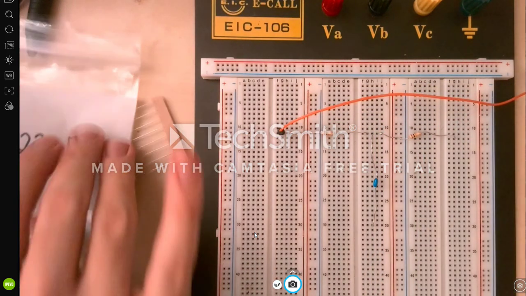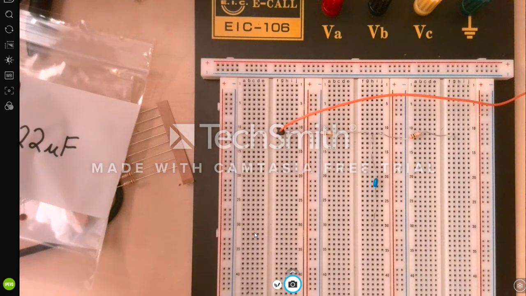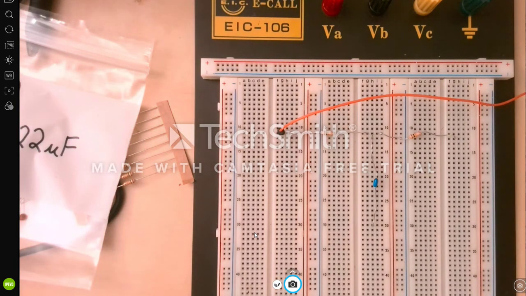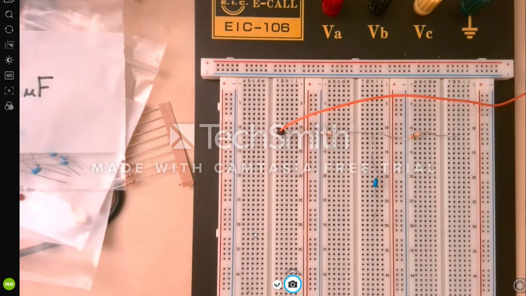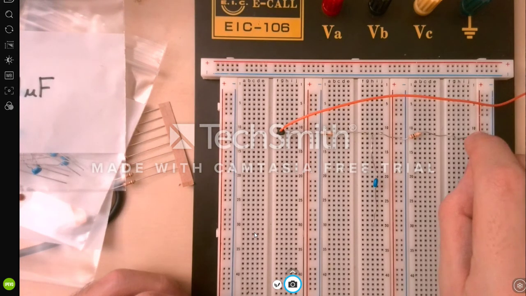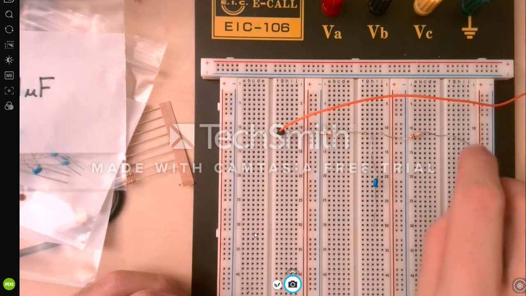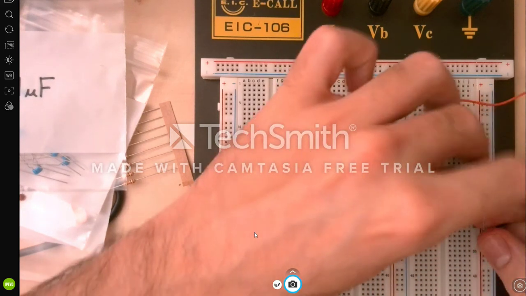We have our second resistor and we need another 0.01 microfarad capacitor. Right. Let's plug it in series.